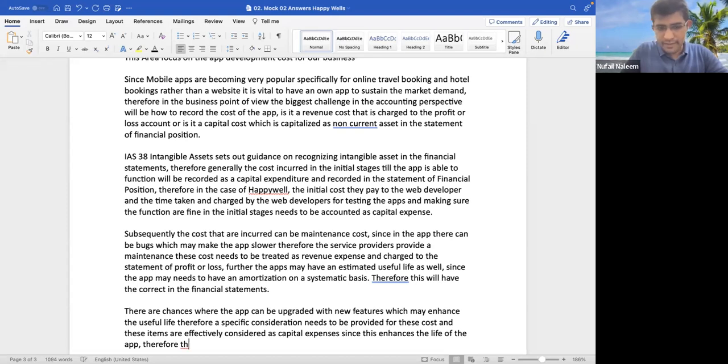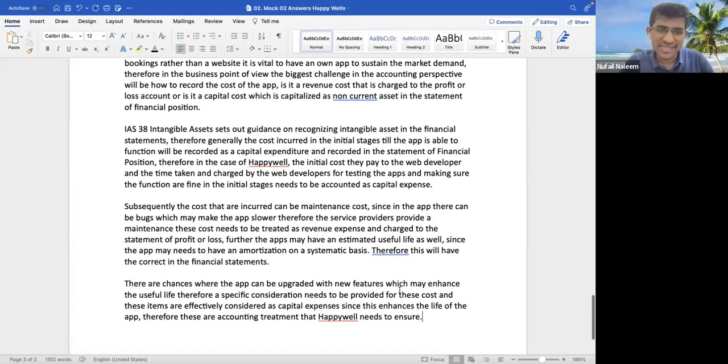Therefore, these are the accounting treatment that Happywell needs to ensure.